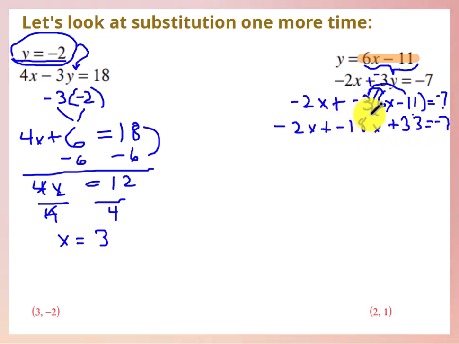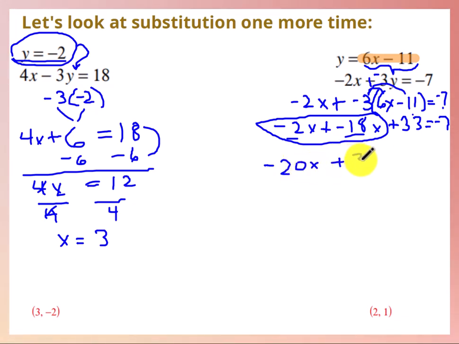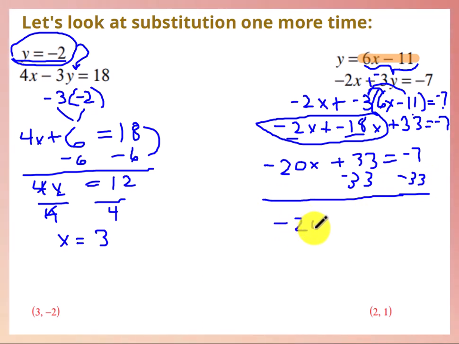So let's combine like terms. We have negative 2x, negative 18x is negative 20x. Negative 20x plus 33 equal negative 7. Now let's move the constants to the right. Subtract 33 from both sides. Bring down the negative 20x. 33 take away 33 is 0.